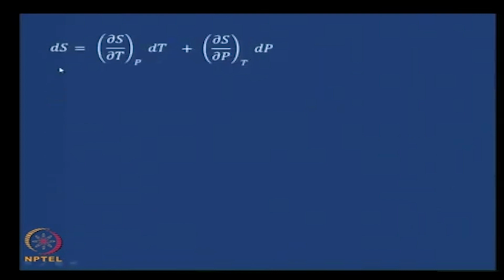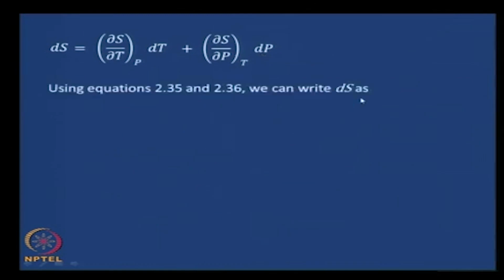Similarly, let us consider dS equals ∂S/∂T at constant P dT plus ∂S/∂P at constant T dP. Again, as you may recall, or if you want, you can go back and check equations 235 and 236. We are essentially going to replace these partial differentials in terms of the more easily measurable variables. We have already seen that ∂S/∂T was Cp by T as given by equation 235, and that is what we have substituted here.